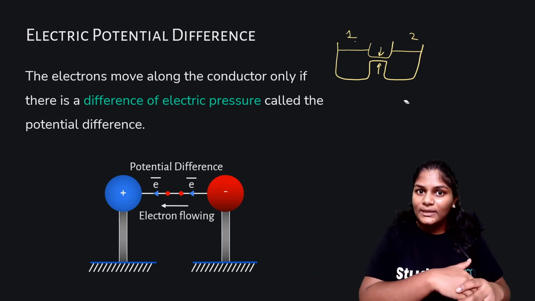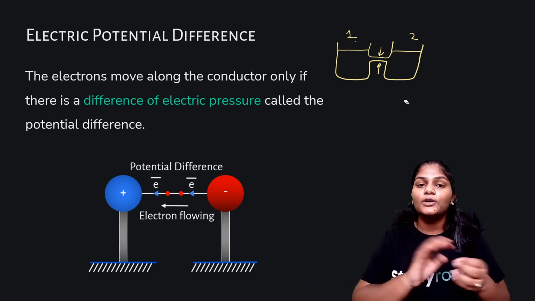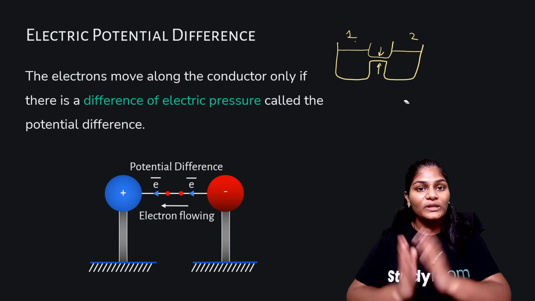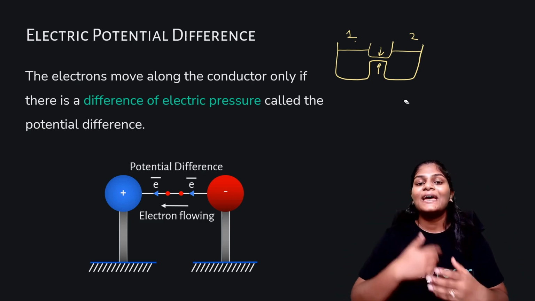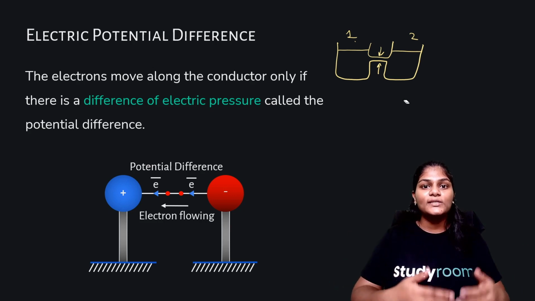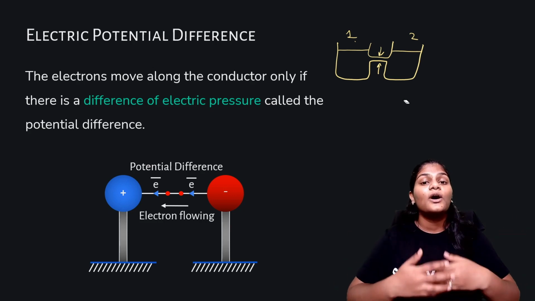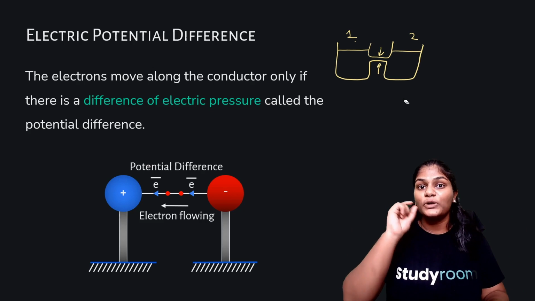Similarly, between two points, current or charge only flows when there is some kind of difference, right? Now what is this difference? In the case of electric current, that difference is the potential difference.